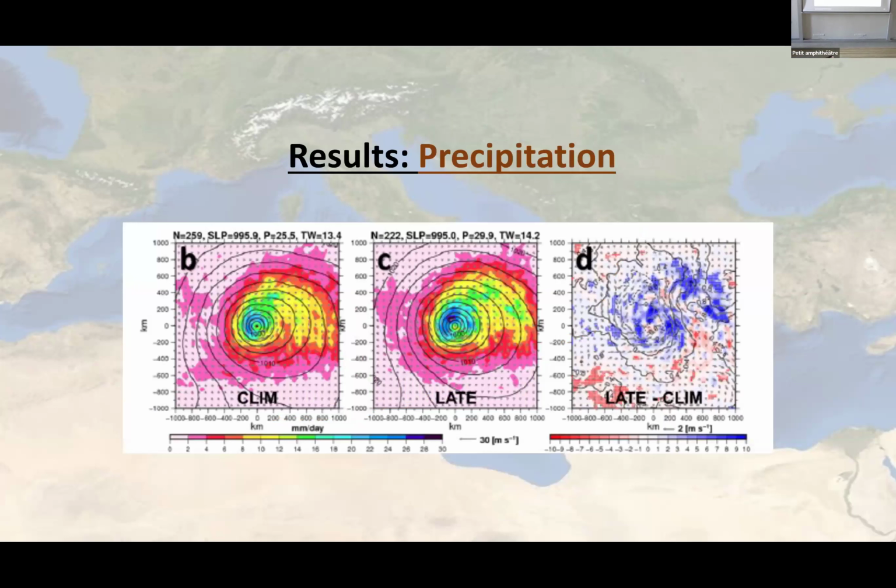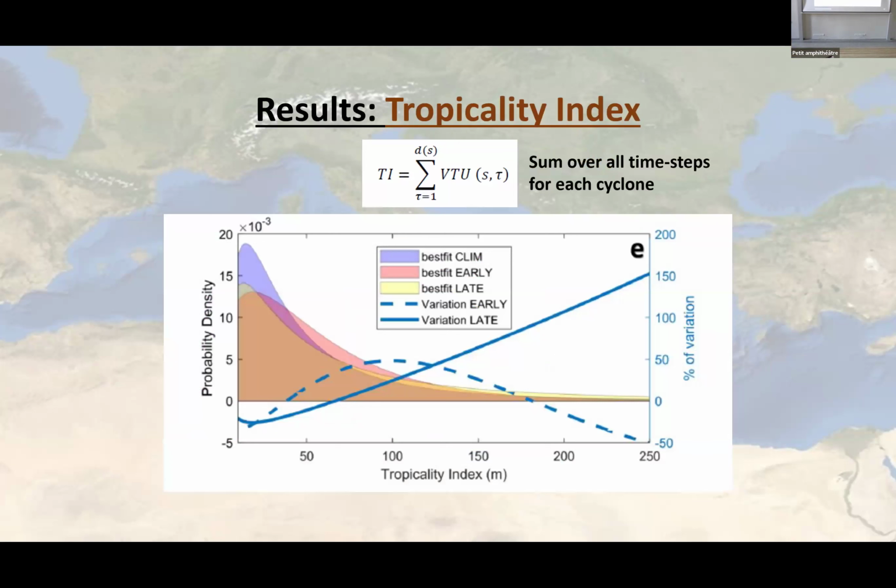But the new analysis that we did was to study precipitation, and we also find an increase in the precipitation structure of these cyclones. We also came up with an index, the tropicality index, which is a measure of all the time steps that the cyclone is at least a deep warm core.